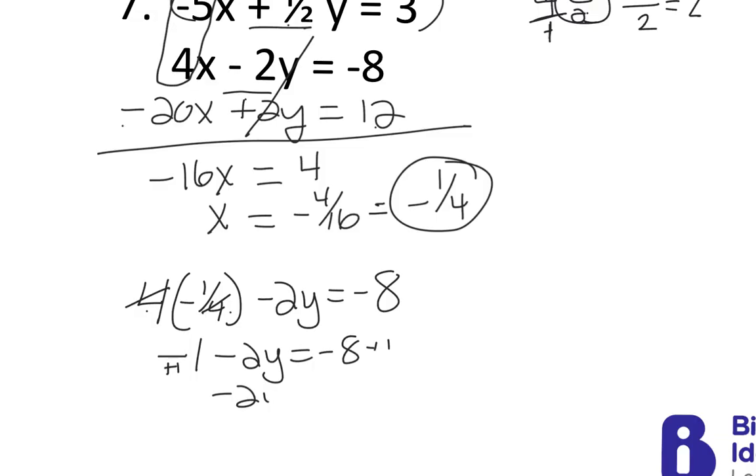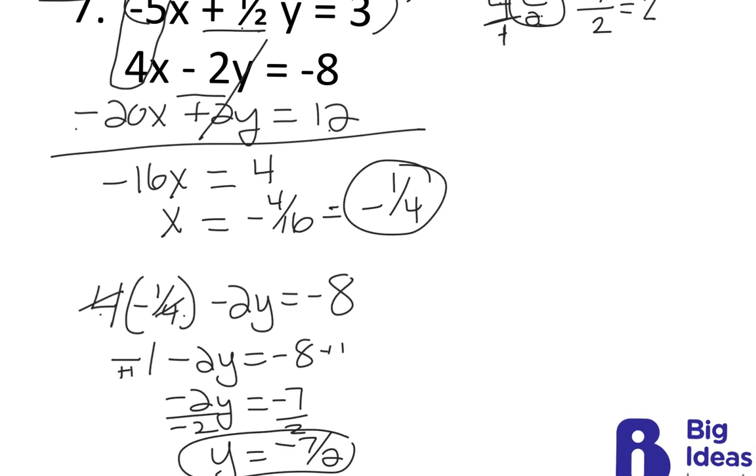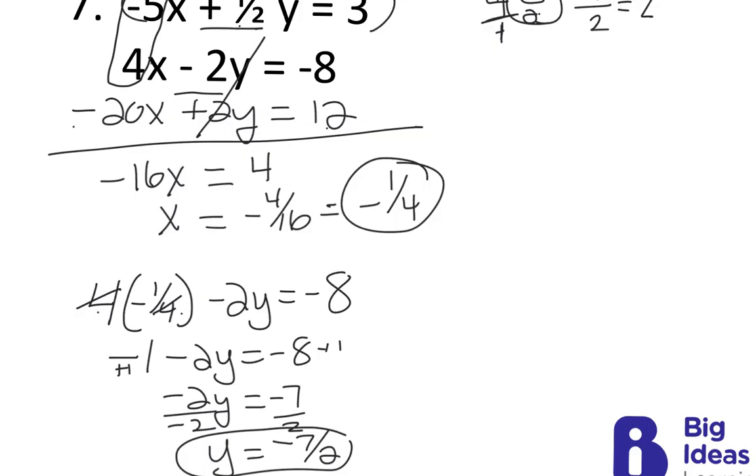So negative 2y equals negative 7. Divide by negative 2. So y is going to equal negative 7 over 2. We got a fraction. Okay. So that would be my ordered pair, negative 1/4, negative 7 over 2.